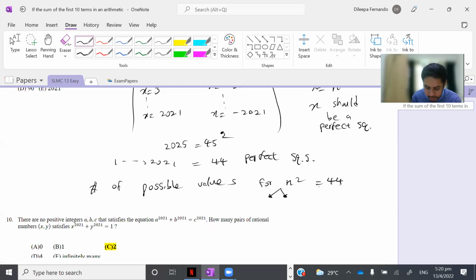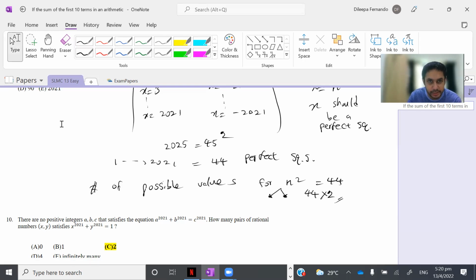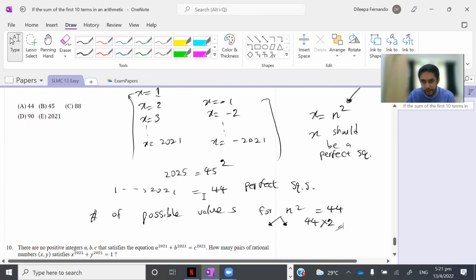So that means it becomes 44 times 2. And you can also see that 0 is not a root, so we don't need to avoid double counting. We can just multiply by 2, because all of these are non-zero squares, so we can consider the negative n value also. So you have 44 possible n squared values and 44 times 2 possible n values.